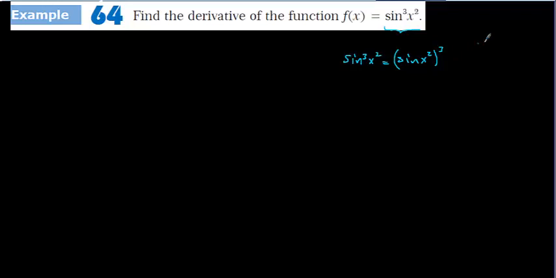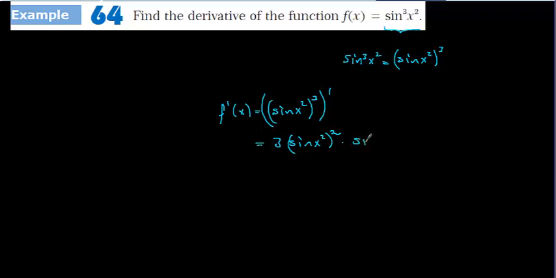First we are going to apply it for the derivative. So f derivative x is going to be equal to the derivative of sine x squared cubed, which is equal to 3 times sine x squared to the power of 2 times sine x squared derivative.